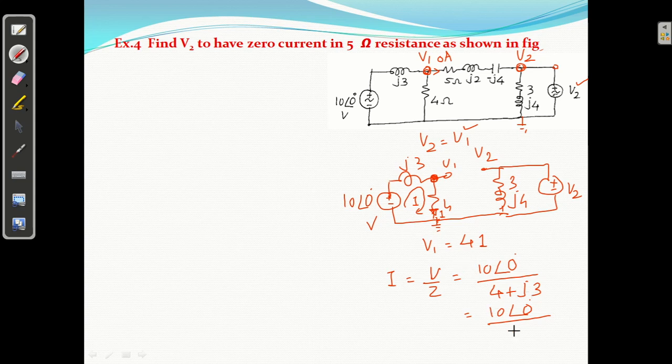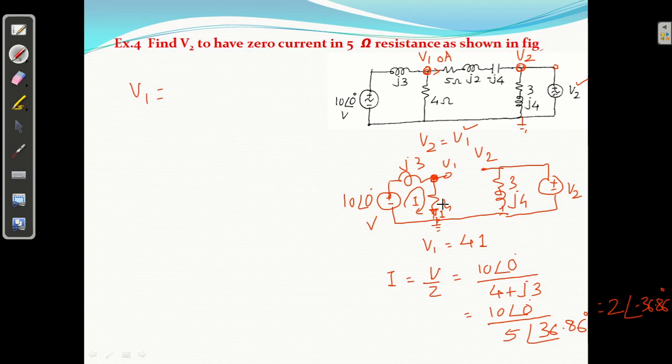You will get 5 of the angle 36.86. So magnitude will divide, that is 2, and angle will be subtracted, minus 36.86. That is I.